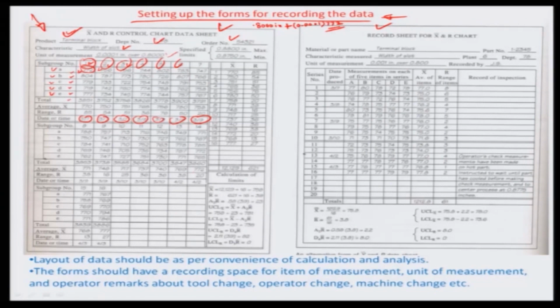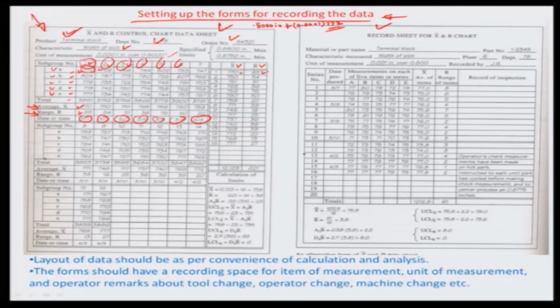Having said that, now you can see that there is an option for X bar and R. All the X bars which are reported on these average X bar and range R rows have been replicated here again. 770, for example, is the first average of the subgroup, and the range there is 85.